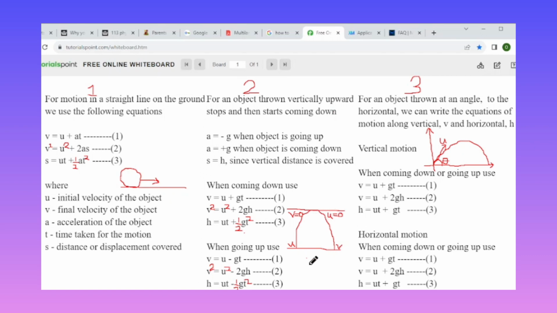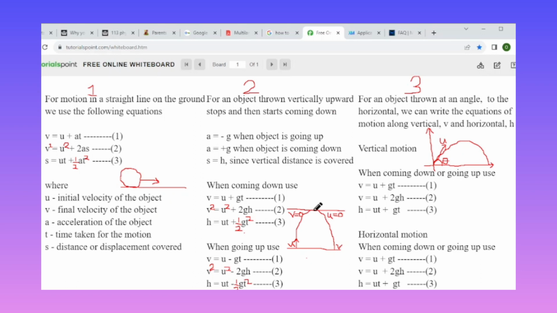So for any object thrown in this manner, it will be thrown with a particular initial velocity. By the time it gets to the highest point, the final velocity at the highest point is 0, which shows the first part of the journey, that is when it is going up.